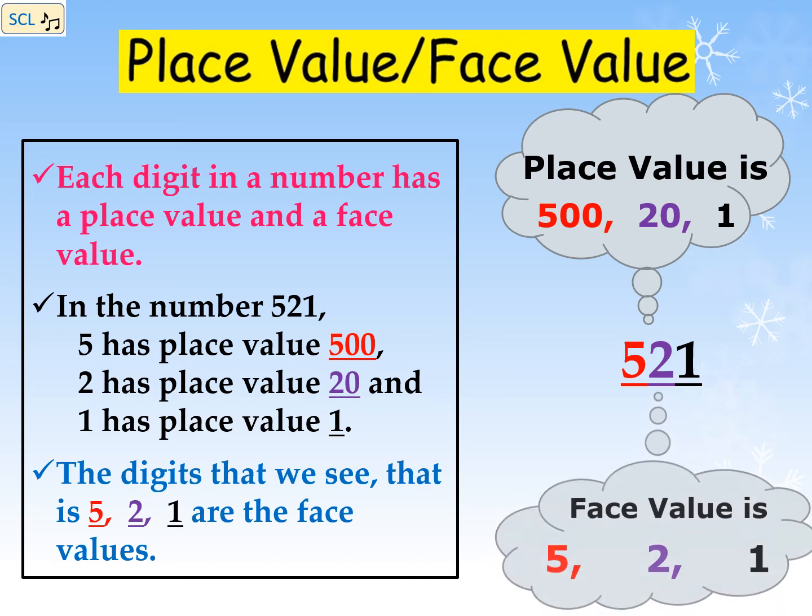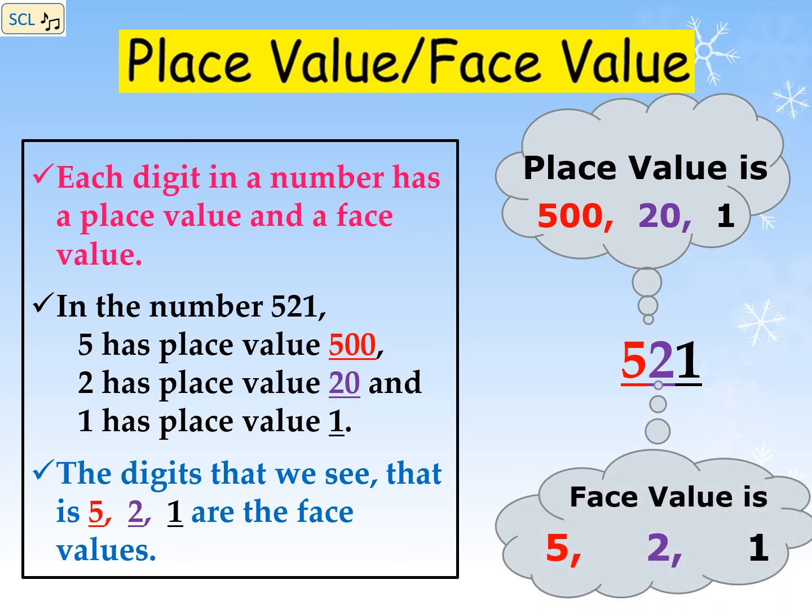For face value, we just read the digits. That is, the face value of 5 in number 521 is 5. The face value of 2 in the number 521 is 2. And the face value of 1 in the number 521 is 1.